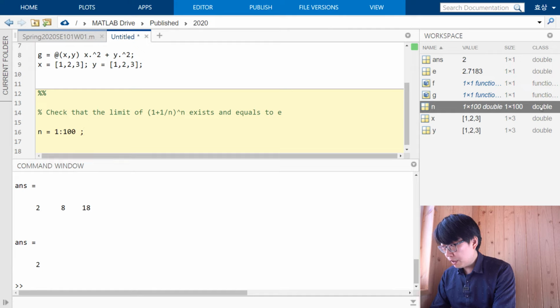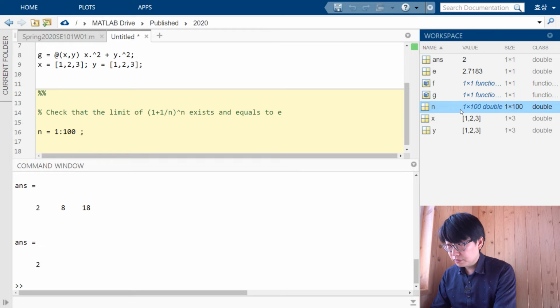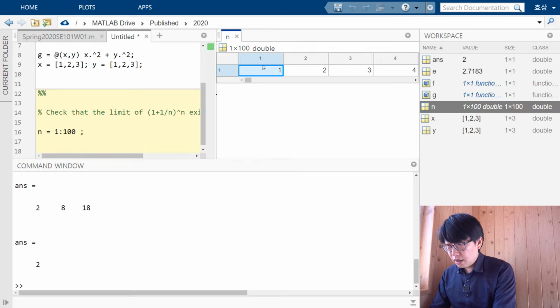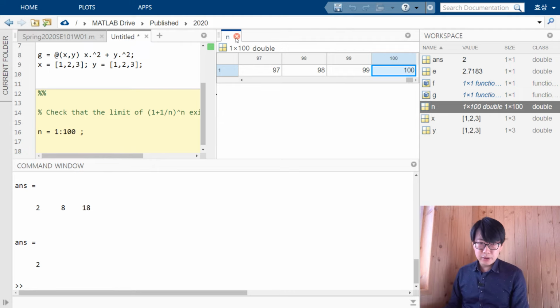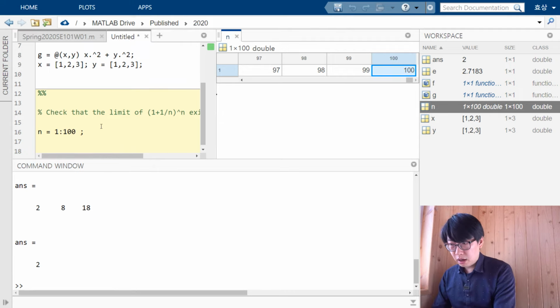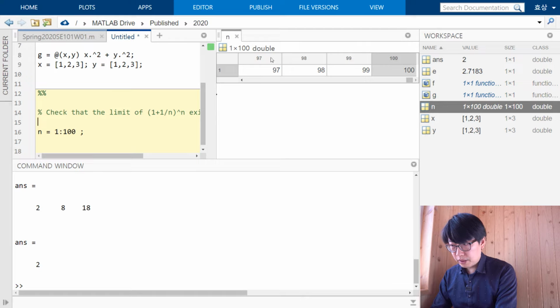Size is 1 by 100 and class is double. If you double click it, it has 1, 2, 3, 4 and up to 100. So you can create an array of numbers using simply a colon symbol.